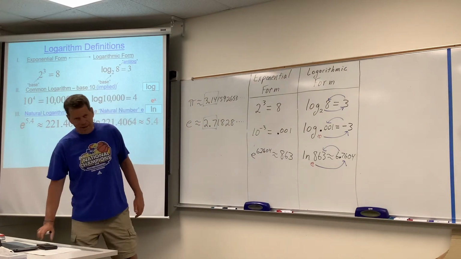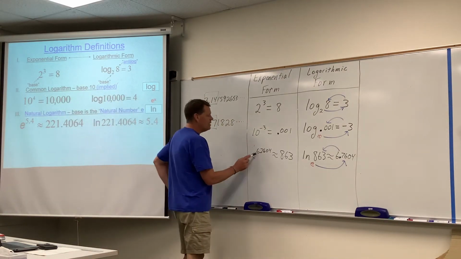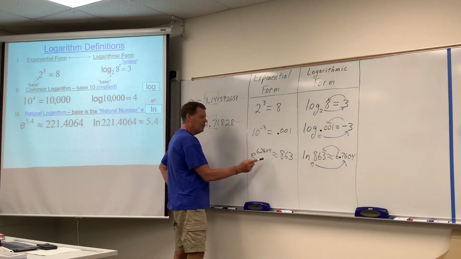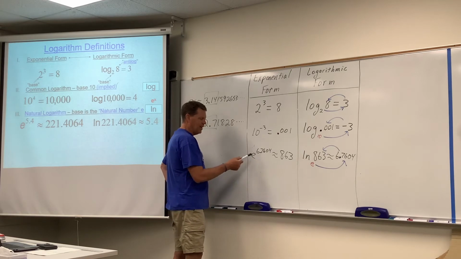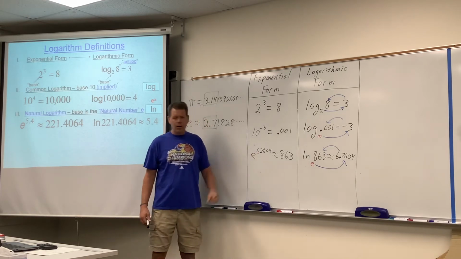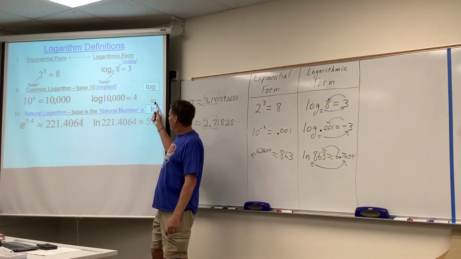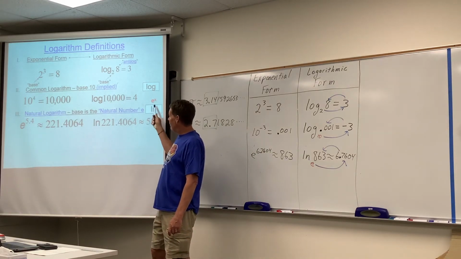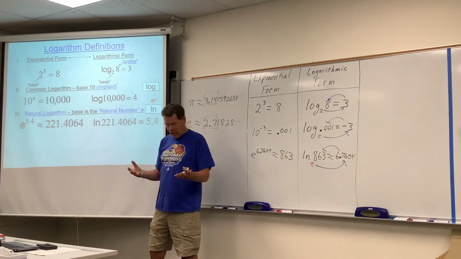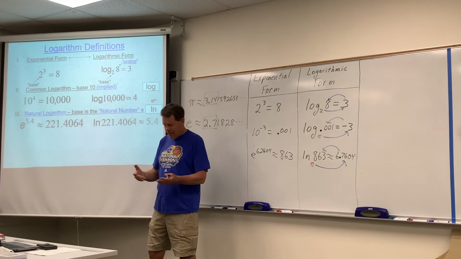Now on the flip side, if you wanted to take e to a power, I would point out that most calculators have e to the x as the second function of a button, which is usually color-coded, yellow, red, whatever.